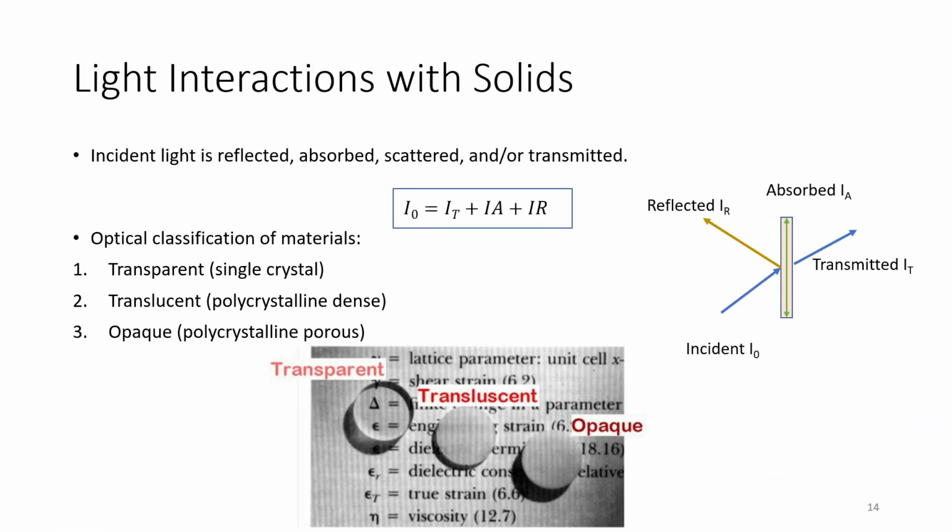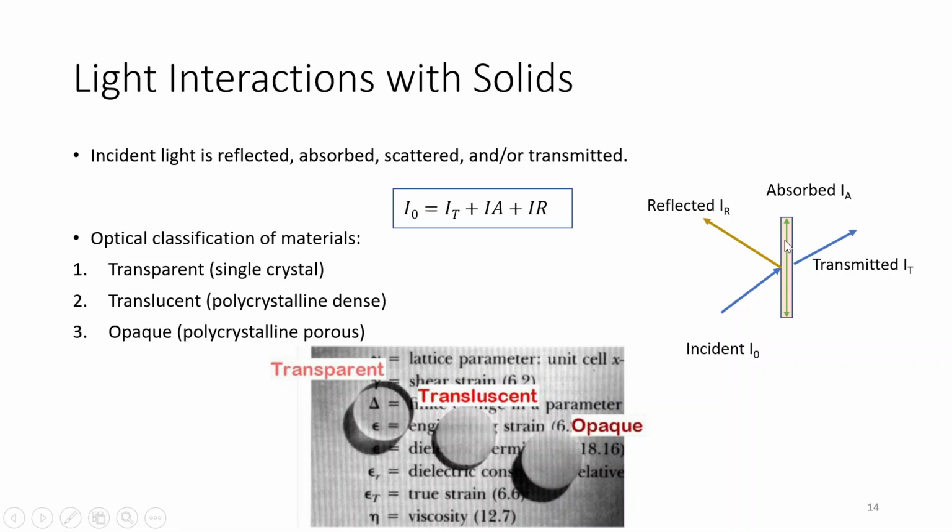Next up, in the case of light interaction with solids, the incident light is reflected, so from an angle it will change its direction, and this is the reflected intensity. It can be transmitted, it can go through the material.